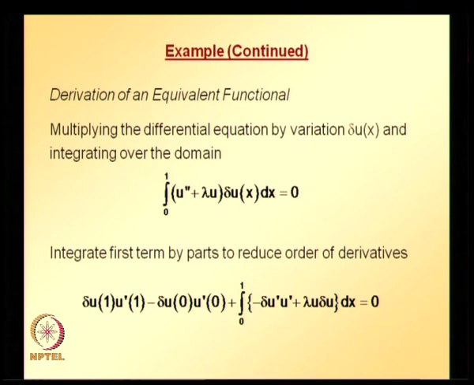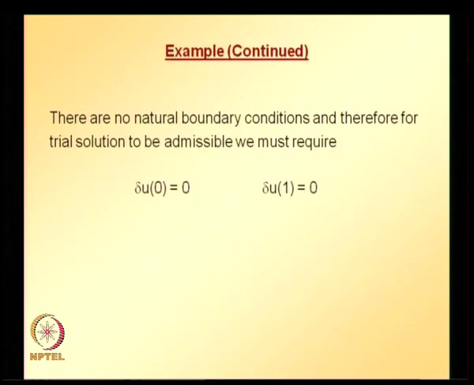So, the first two terms get cancelled because of that reasoning. That is what is mentioned here. There are no natural boundary conditions, therefore, for the trial solution to be admissible we must require variation of u at x is equal to 0 is 0, variation of u at x is equal to 1 is 0. So, with that reasoning the first two terms get cancelled and you will be left with this.